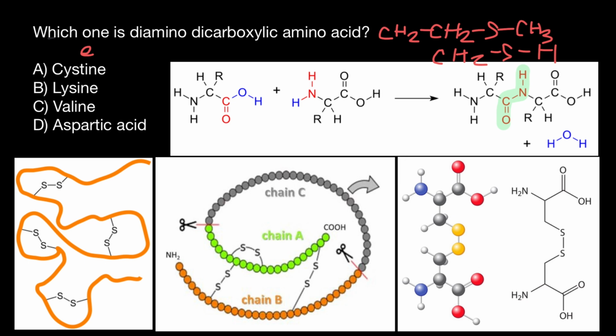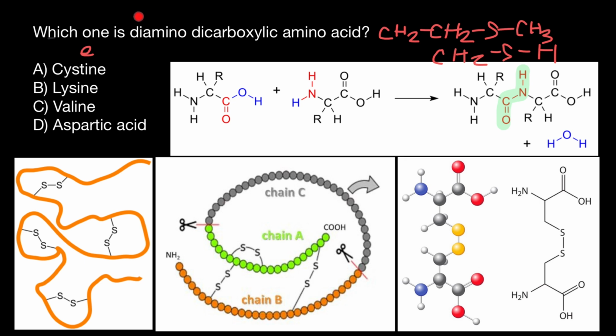So cystine, with an E after the T, is a molecule made of two cysteines. Cysteine is one of the 20 standard amino acids, and two of them form a disulfide bridge and make a cystine. So this molecule has its own name.